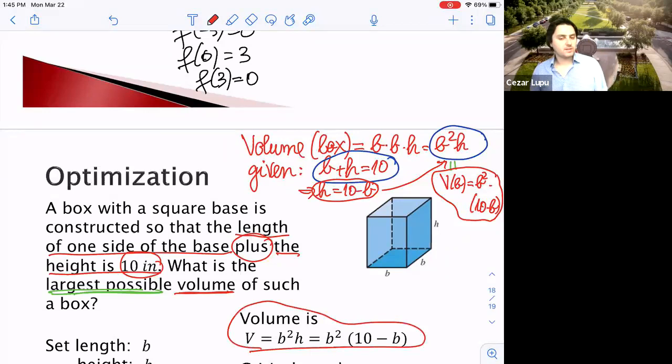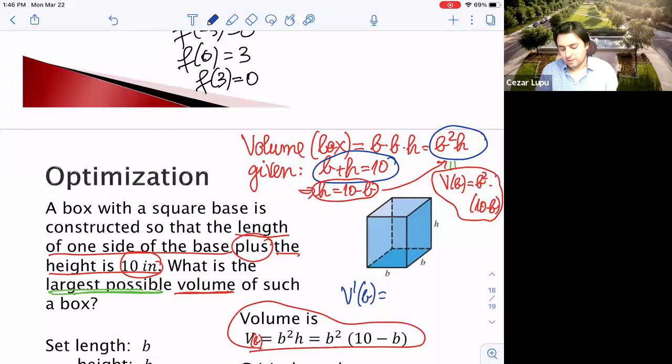And now guess what? Since this is a function of B, and we would like to find the largest possible volume, we will take the derivative of this, right? So first of all, we need to find the critical numbers. So V prime of B, let me write with a different color. I don't want to make it all red here. V prime of B is what?